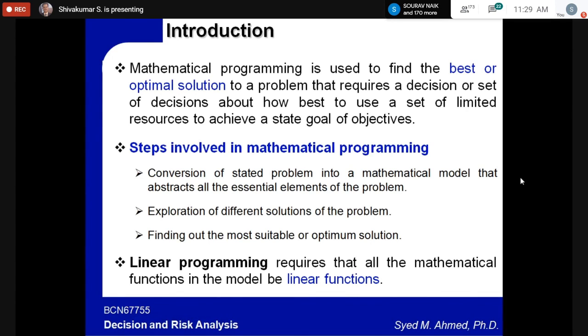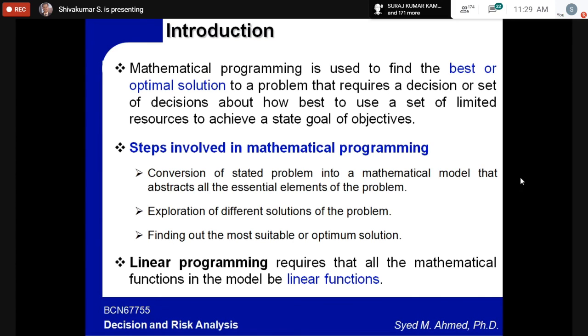Likewise, there may be so many constraints in organizations, so you have to mathematically formulate the constraints. Okay. So the first important step is conversion of the stated problem into a mathematical model that abstracts all the essential elements of the problem.